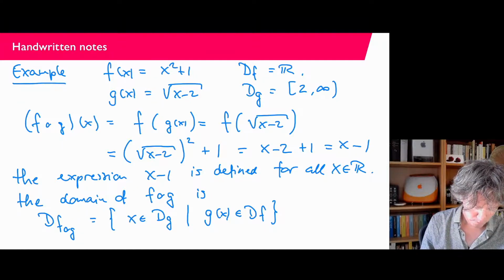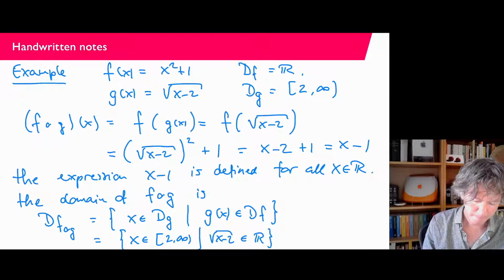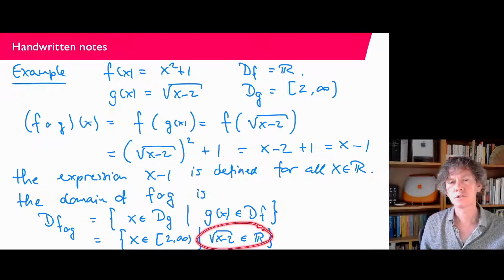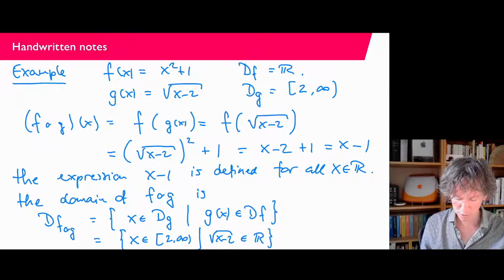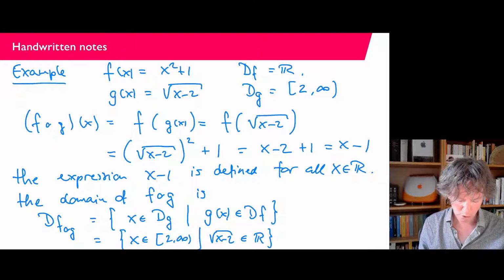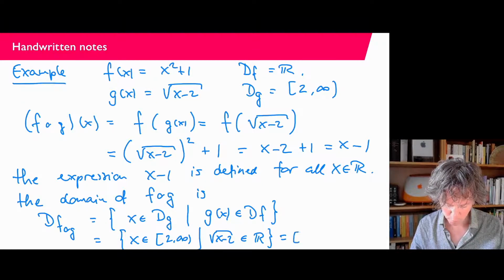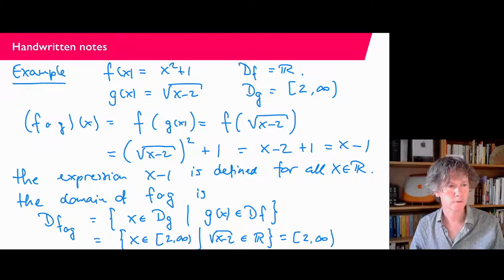So that is the collection of all x in 2 to infinity, for which g of x, that's the square root of x minus 2, is a real number. Well, this second condition doesn't say anything, because the square root of x minus 2 is non-negative. You can always compute that. So that doesn't impose any restriction. So this is the only restriction we have. So that means that we have all the x values from 2 to infinity.